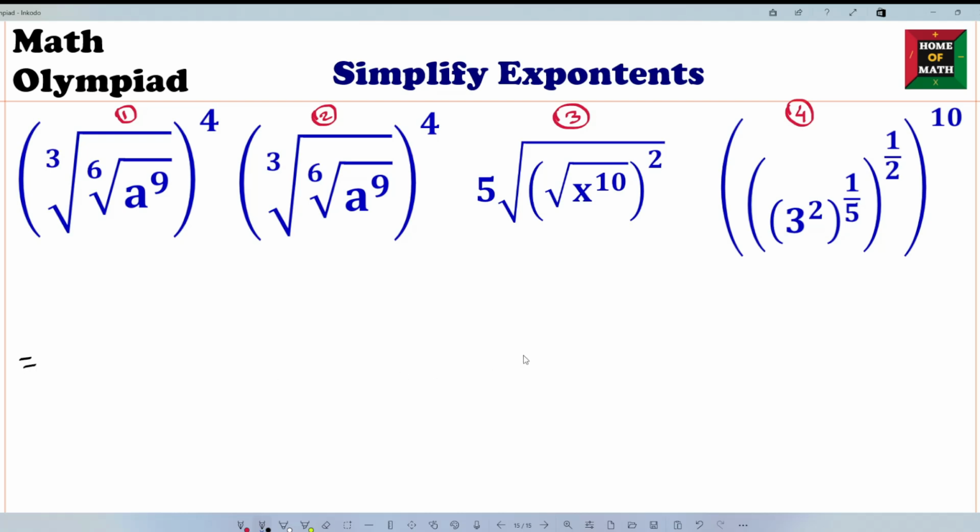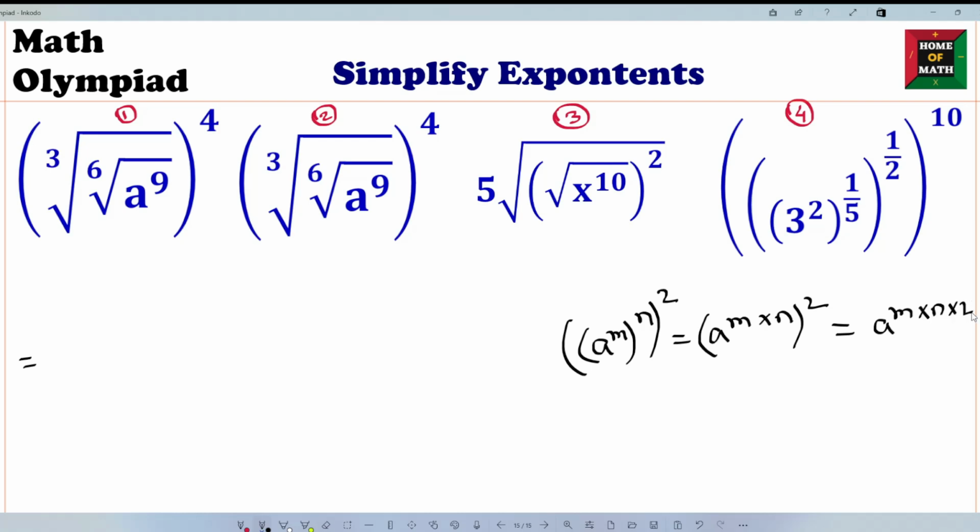Look, we know (a to the power m) to the power n means a to the power m times n. If there is one more power, like 2, then we also multiply by 2, so a to the power m times n times 2. That's one thing.